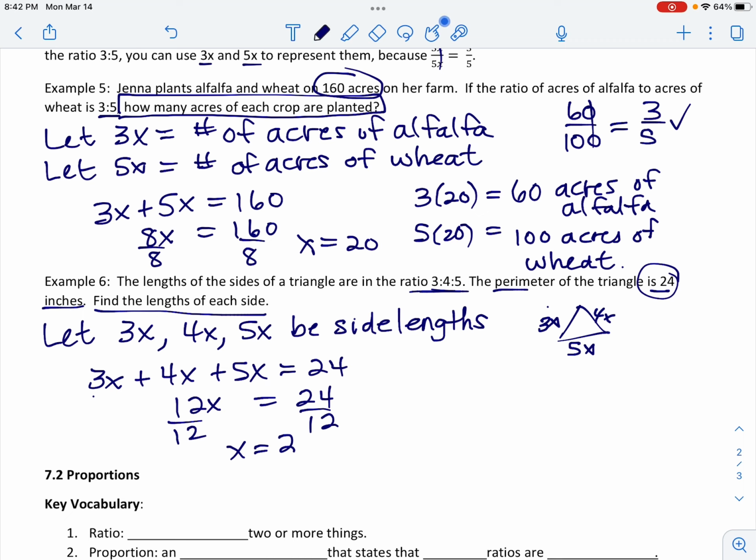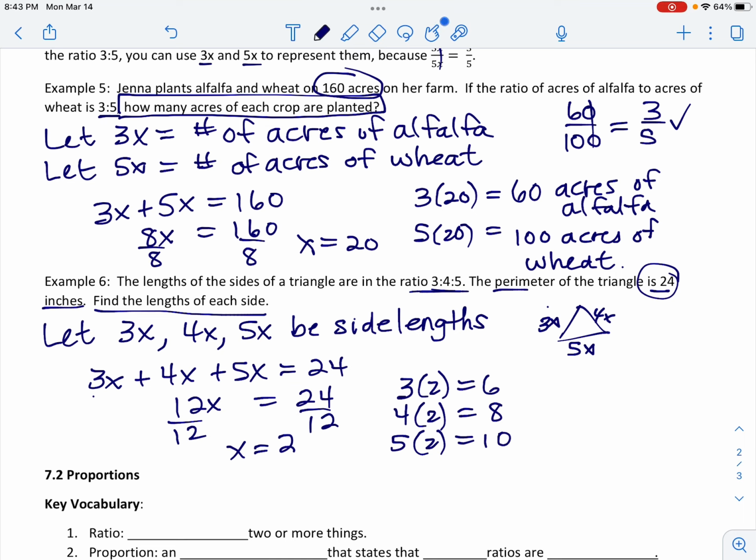Well, I'm not finished. I still need to find the side lengths, so I need to plug it in. 3 times 2 is 6 for the first one, 4 times 2 is 8, and 5 times 2 is 10.